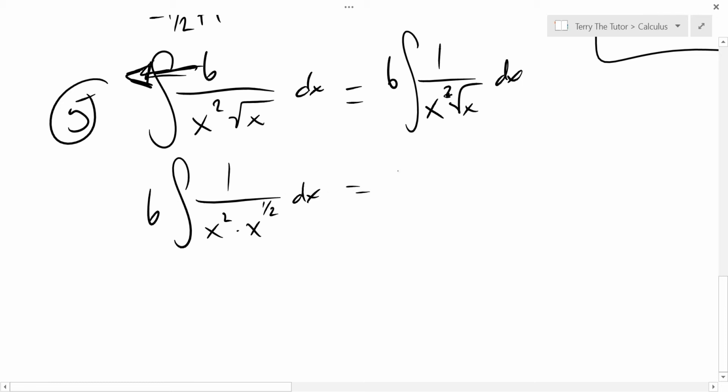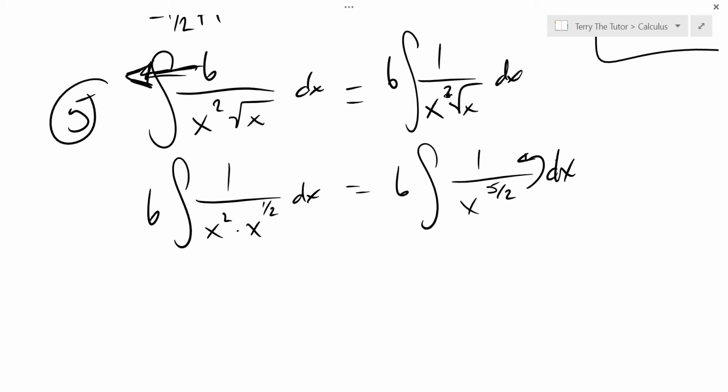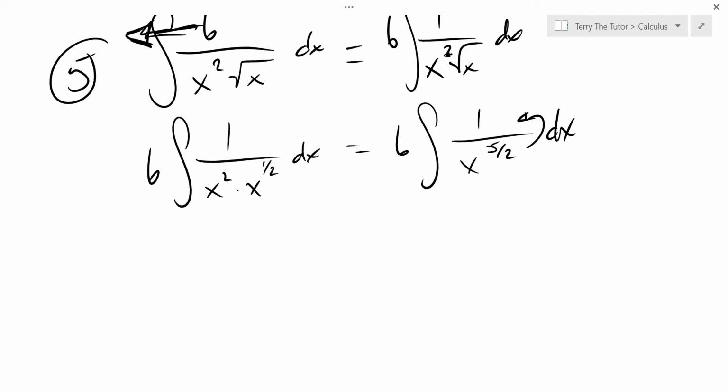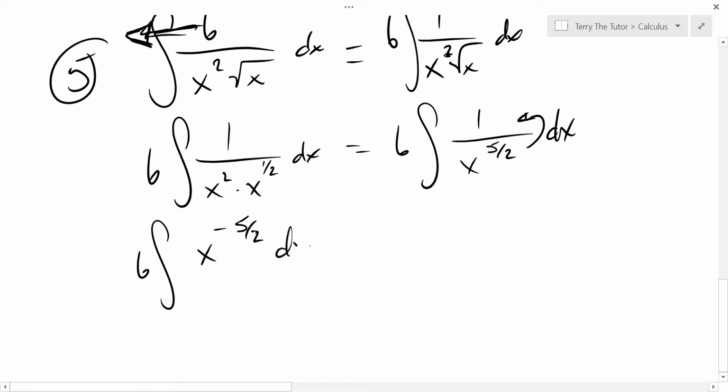So we wind up with 6 integral 1 over x to the 5/2 dx when you add your exponents. A lot of algebra going on so far, just before the integration. And we're not even at the integration yet. So let's pull up our x to the numerator. So we've got 6 integral x to the negative 5/2 power dx.